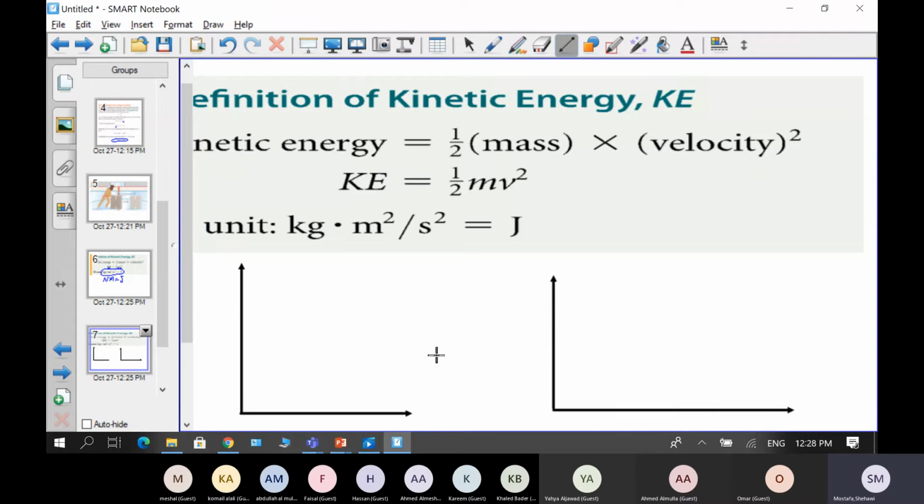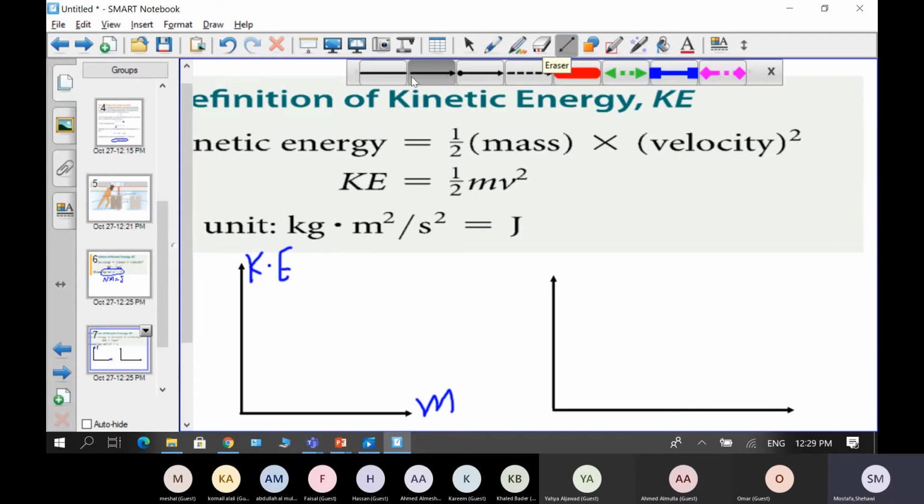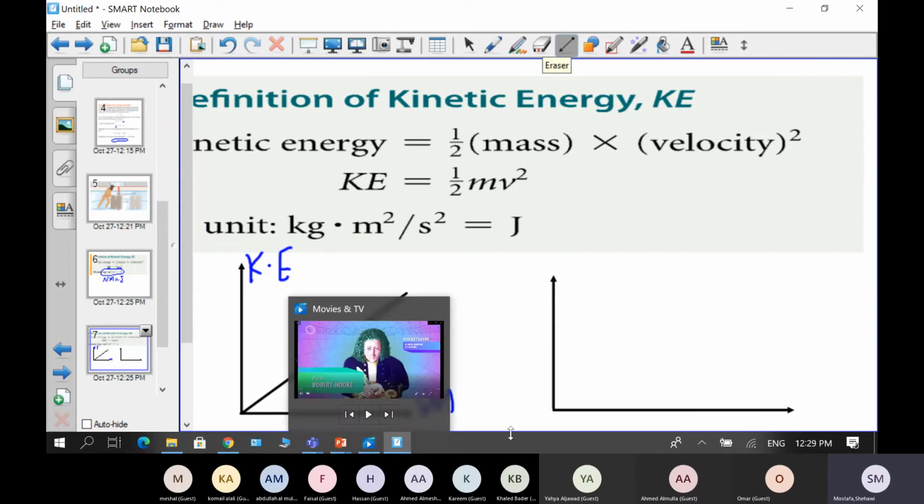If I draw the relation between kinetic energy and mass, this would be kinetic energy, and there is mass here. We will have a straight line. The relationship will be a straight line as this one.